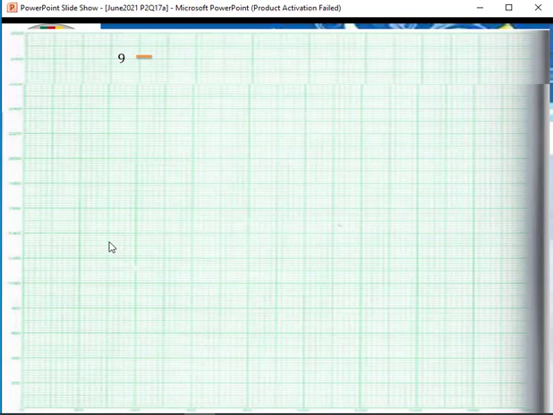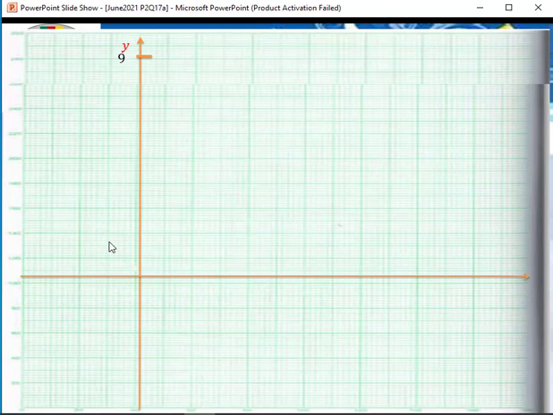So we are going to draw our y-axis, which is f of x, and we draw our x-axis, and we call that the x-axis. Now we are going to take 2 centimeters on the x-axis to represent 1 unit.